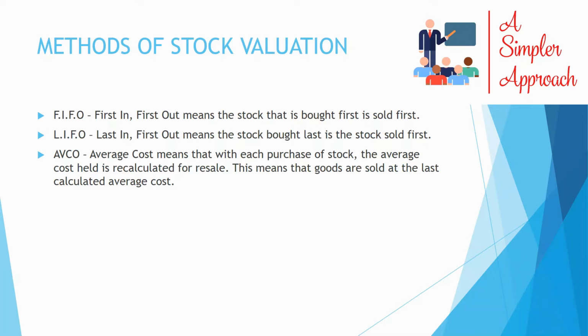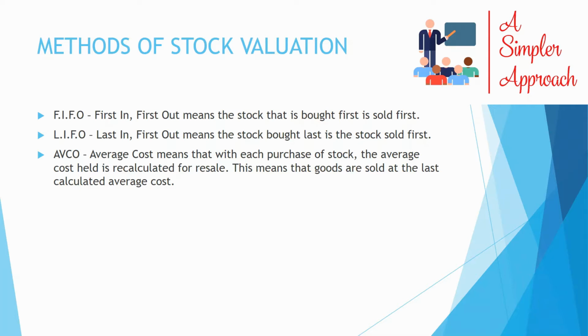AVCO is the little tricky one. AVCO is a method that dictates that the average cost for stock that is held is recalculated for resale. In other words, whenever you buy or sell goods, the average cost of the stock that you have on hand is always recalculated at each step.